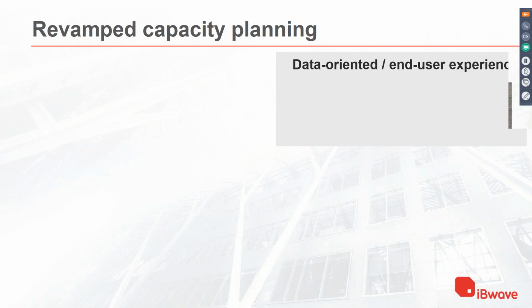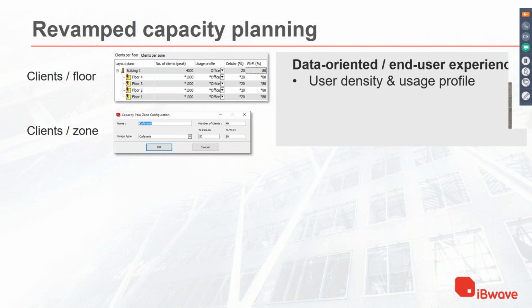the end user experience. So we look here at user density. For example, the number of users on the floor, or the number of users per zone, because you may have some high density zones inside the venue. For example, a cafeteria in an office, or a conference room in a hotel. These will have different concentrations of users.